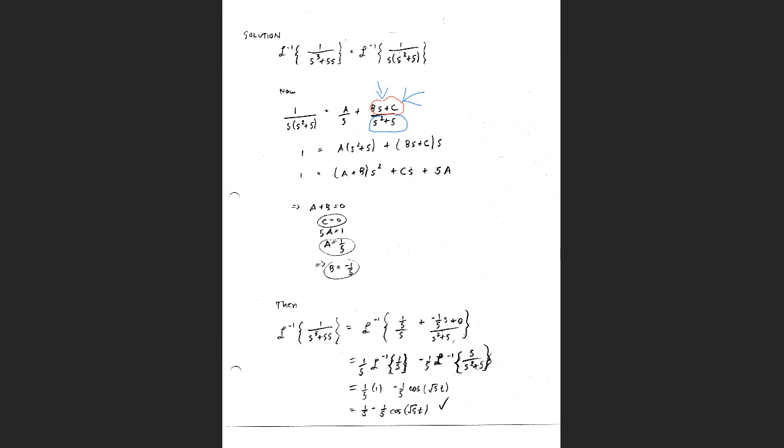So b times s plus c is a polynomial. We have to find out what those constants b and c are. But b times s plus c is a polynomial of degree 1. Similarly over here, you have an s, which is a polynomial of degree 1. And above that is a polynomial of degree 0, which is a constant a.